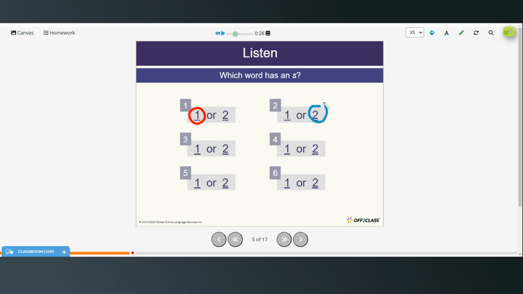The first time they said zit, and this time they said sit. Sink, zinc. So that one is number one, sink. Number two was zinc. Sap, zap. That's number one, sap. Number two is zap.